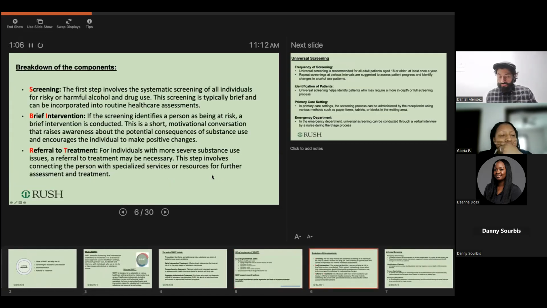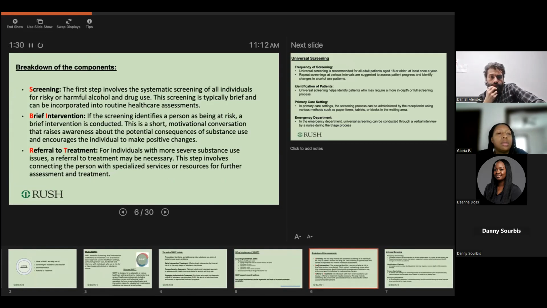So the breakdown components of SBIRT, we know the S is for screening, the B and I is for brief intervention, and the R and T is referral to treatment. So screening is the first step, involves the systematic screening of all individuals for risky or harmful alcohol and drug use. The screening is typically brief and can be incorporated into the routine healthcare assessments.